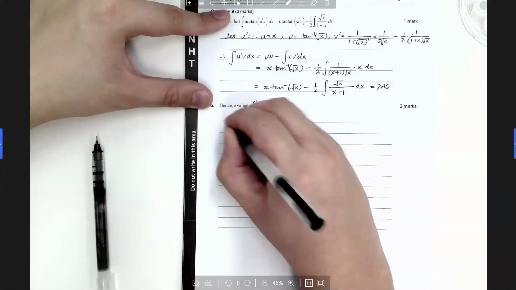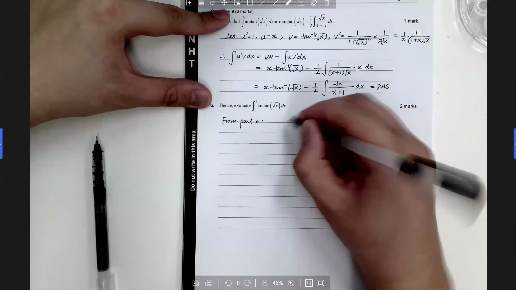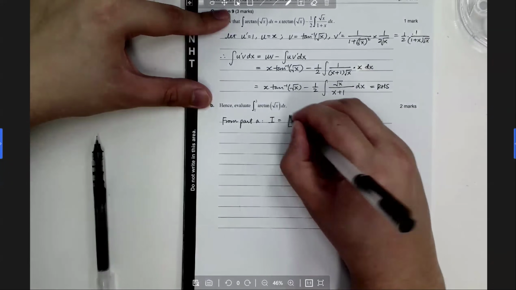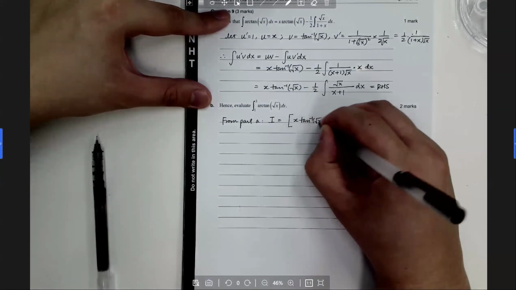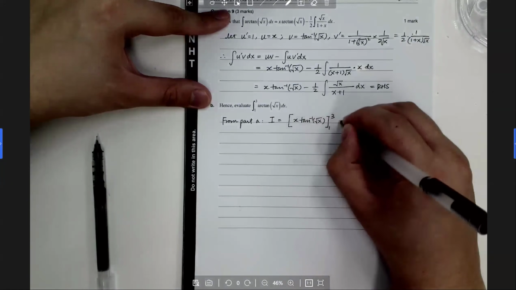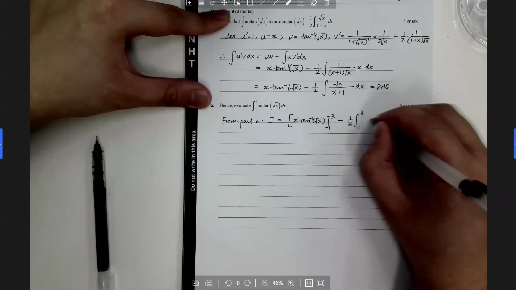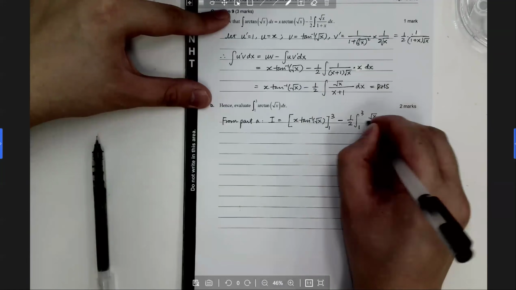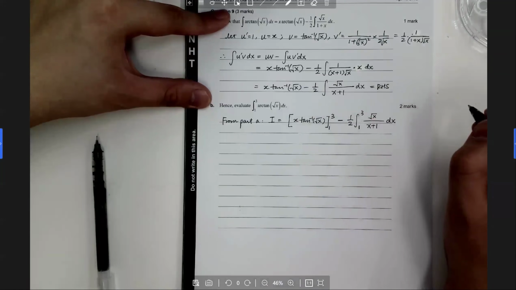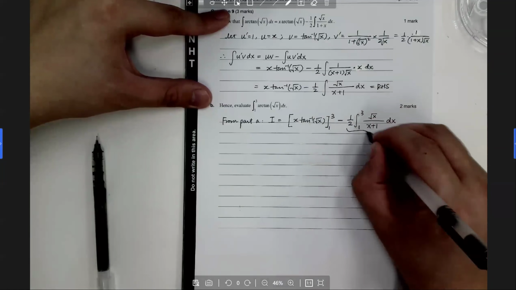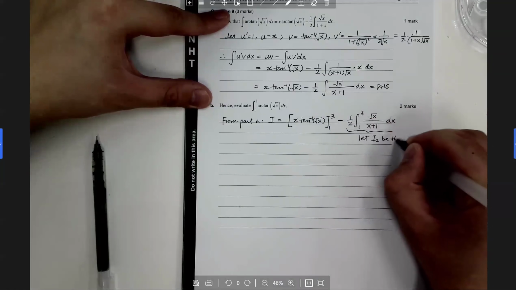So from part A, this integral equals x tangent inverse of root x from 1 to 3, subtracting a half integral 1 to 3 root x divided by x plus 1 dx. So I'll call this integral, let's say, I2, okay?